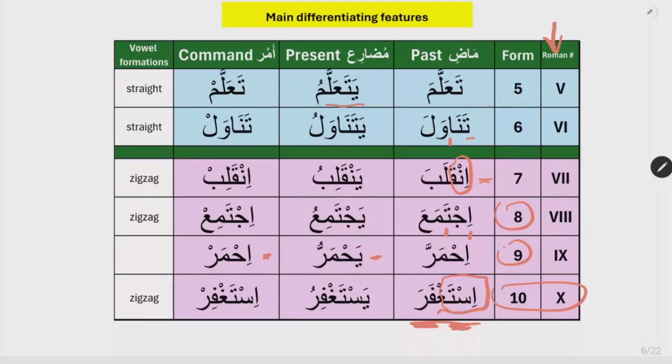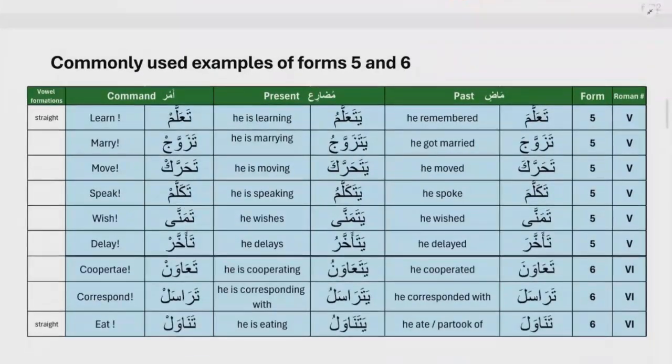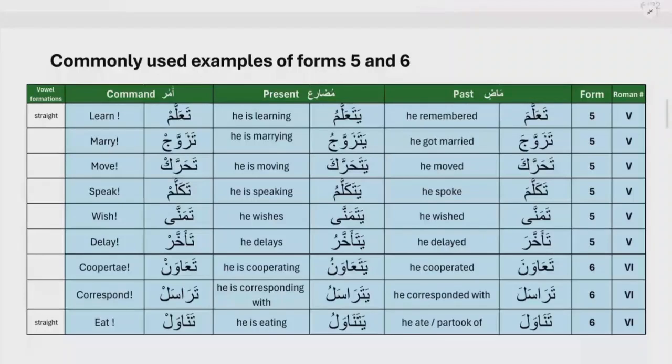Why it's important is if ever you use an Arabic dictionary, you'll find that they will show you these numbering patterns instead of the normal Arabic numbering that you see here in the 5 and 6. Okay, so I want to show you now a few examples of 5 and 6. Now, these are very commonly used words.